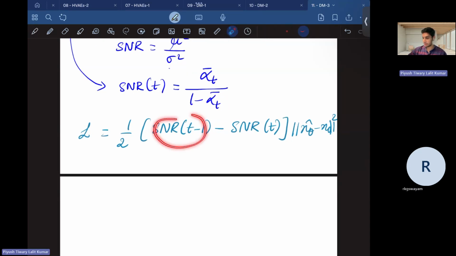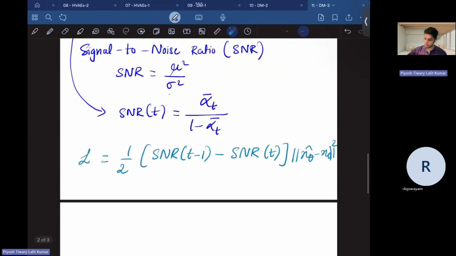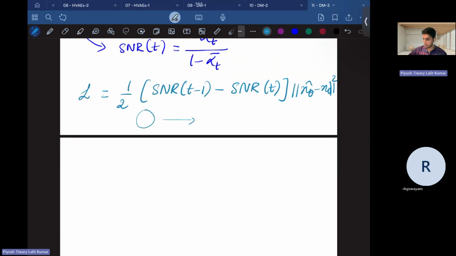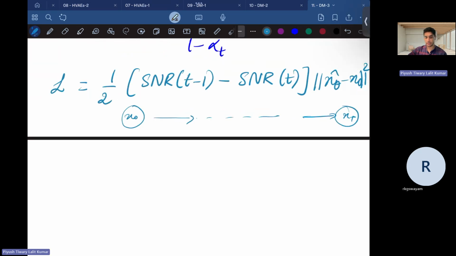In our forward process, we start from some x naught and it eventually becomes totally corrupt and becomes complete noise x t.